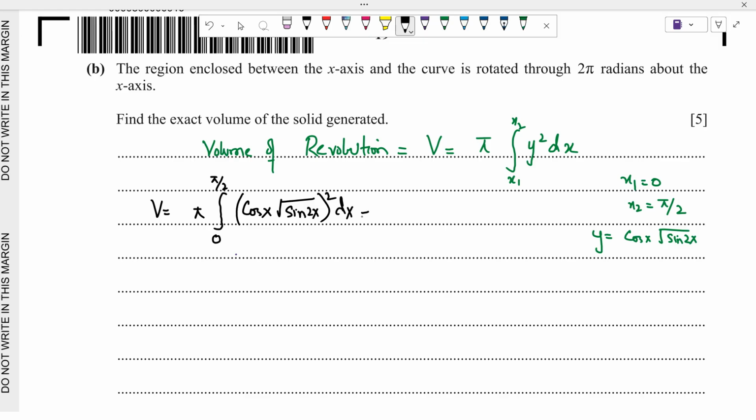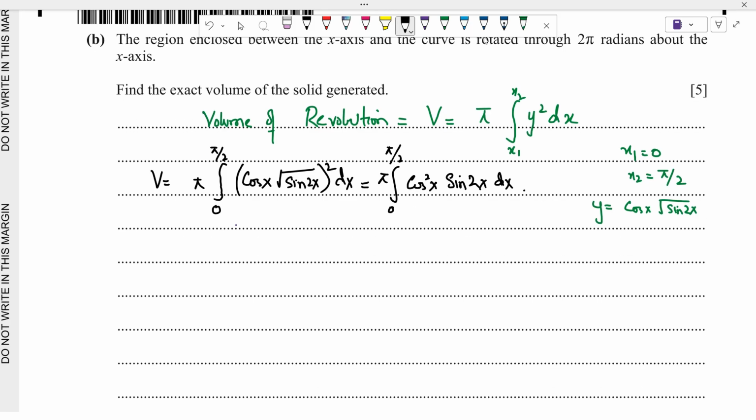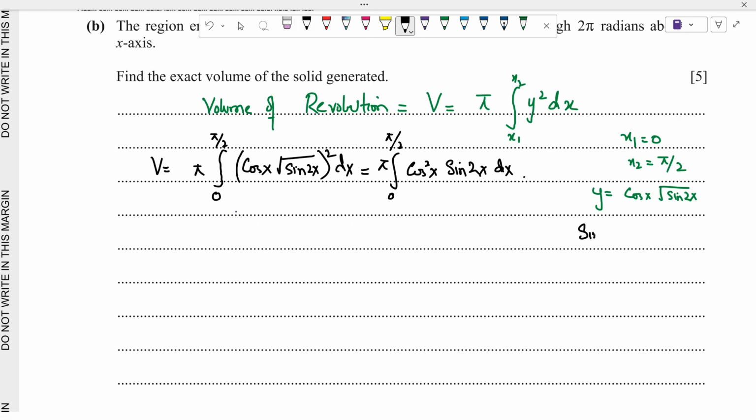dx, and this one is equal to pi, 0 to pi by 2, cos square of x and sine of 2x dx. And we know that sine of 2x is equal to 2 sine of x cos of x.